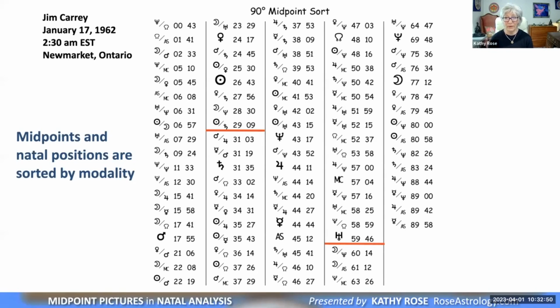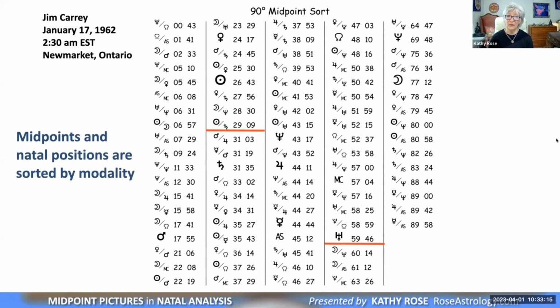So are you already putting together that this is going to show conjunction, square, or opposition contact between planets? Look at Venus for Jim Carrey at 24, the Sun at 26 cardinal. You know that has to be a conjunction because Venus can't be square or opposite the Sun. In the next slide, I'll go deeper into this, okay?